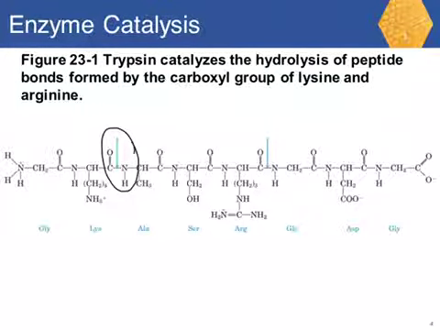Now we have a carbonyl group left. Trypsin catalyzes that reaction, making it happen much more quickly. And that's all that this is showing you. And they're showing you that it happens in more than one place when the amino acids are linked together.